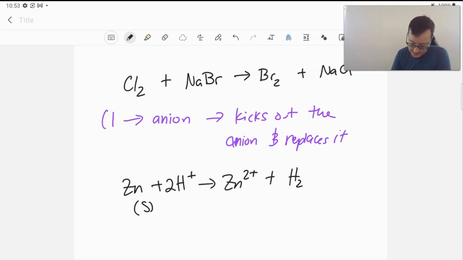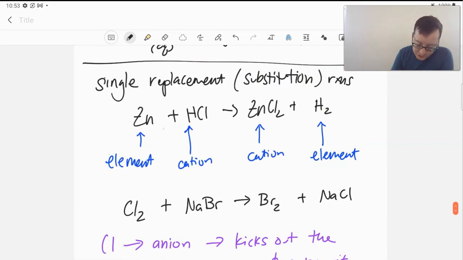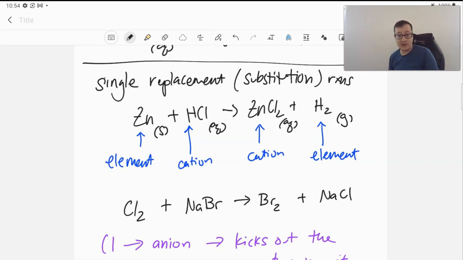Zinc is a metal. We have our aqueous acid. We formed an aqueous ion, and we formed a gas. Hydrogen is a gas, right? So don't forget to check your periodic table for elements. Most metals are solids. Hydrogen is a gas at room temperature. And of course, our zinc chloride should be soluble because chlorine tends to make things soluble.